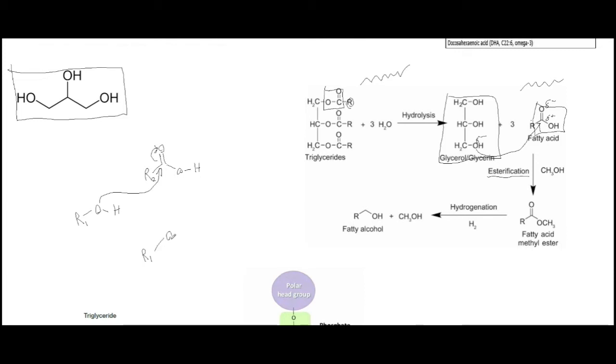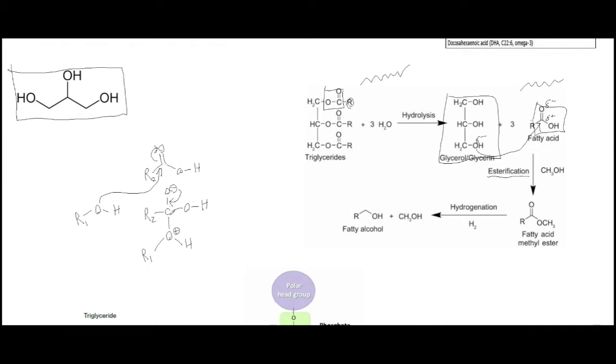And so we have this carbon right here, and so we have something like this as an intermediate, and this is going to have a positive, and this is going to have a negative. So then what happens is these electrons will collapse down on there, which makes this a double bond.